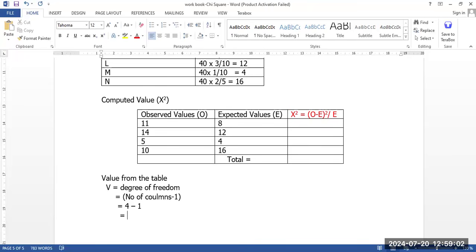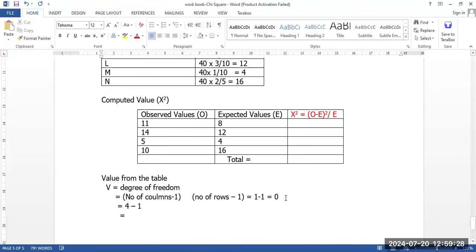If you leave that bracket, number of rows minus 1, it will be 1 minus 1, which is equal to 0.